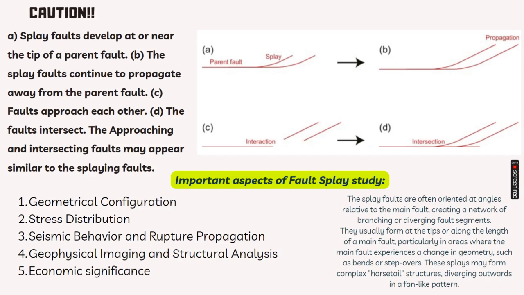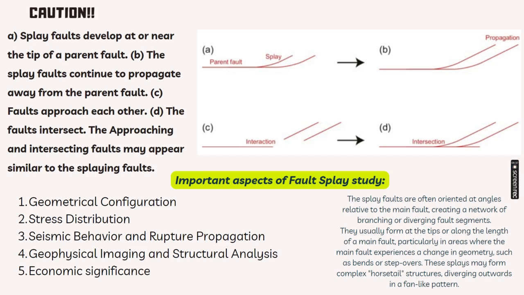The splay faults are often oriented at angles; please note and remember that. It is mostly the angle relative to the main fault, creating a network of branching, divergent fault segments. They usually form at tips or along the length of the main fault.